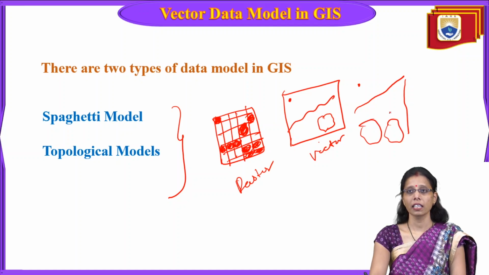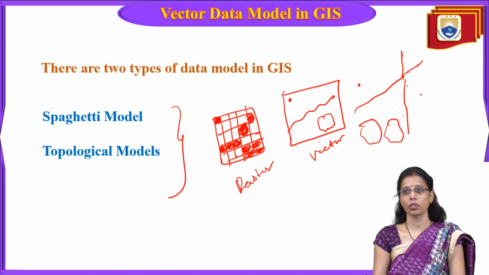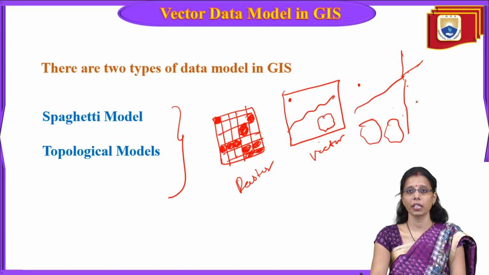All are single entities. One entity is not crossing the other, and no line is common to another line. That's why it is called the spaghetti model: each individual entity is not in contact with the other entity.